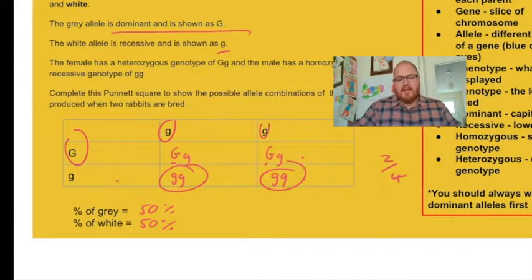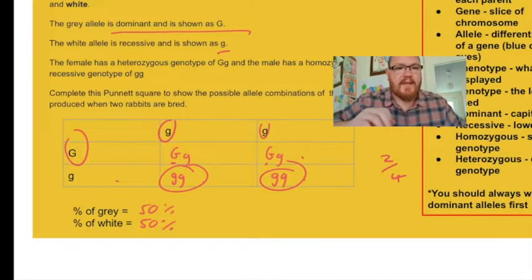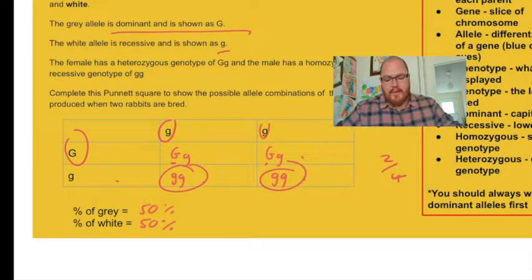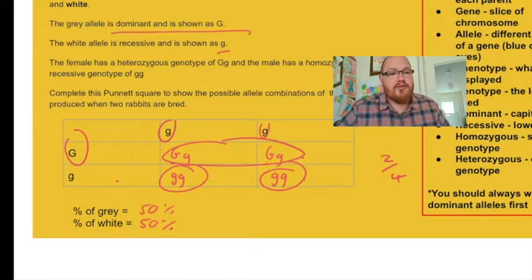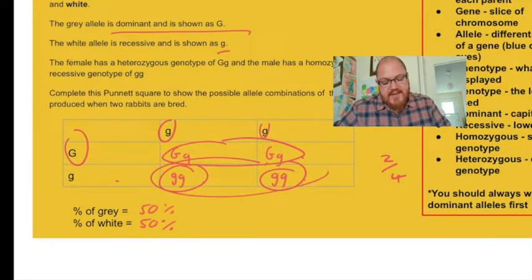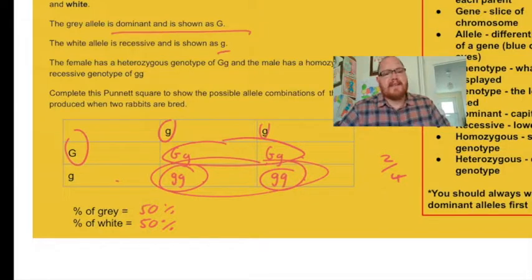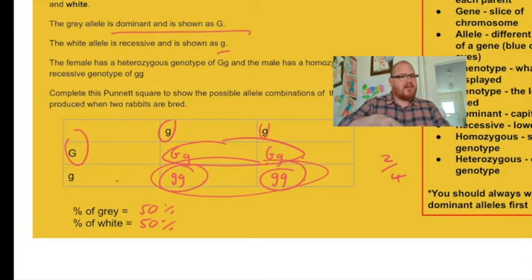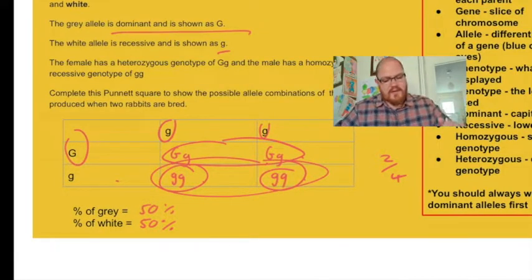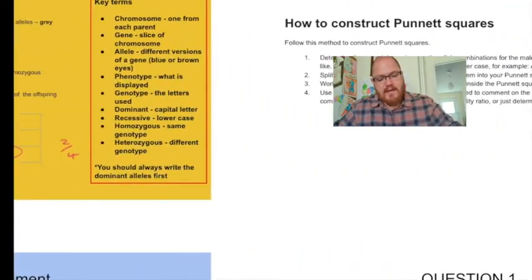Again, as we go into this now, the answers will get a little bit more complex, because I could say that 50% are heterozygous, and I could say 50% are homozygous recessive. So I can go into a little bit more detail, especially when you're doing this for an exam question, a 6-mark exam question, you'd be expected to use these key terms, which is why at key stage 3, we're just going to leave it there, and then key stage 4, we're going to start pushing this a little.